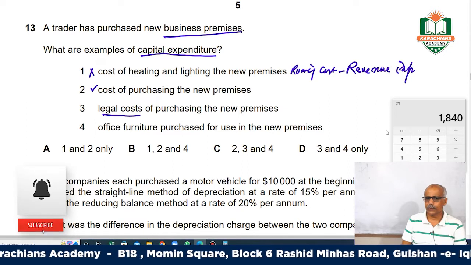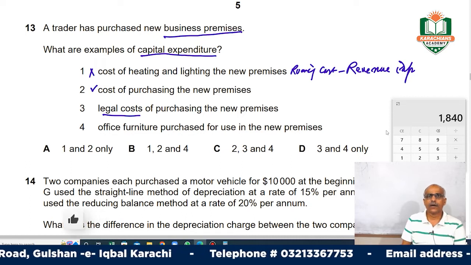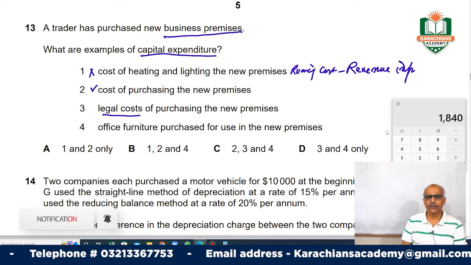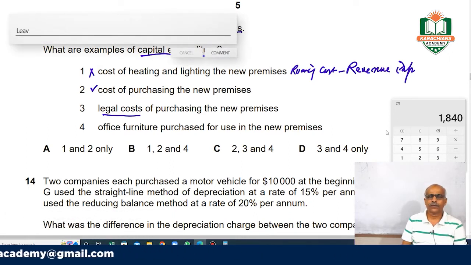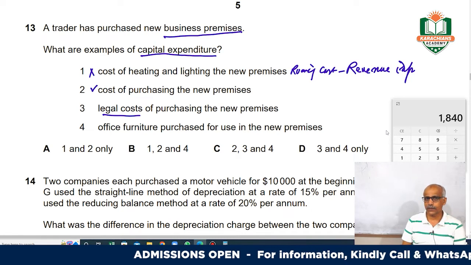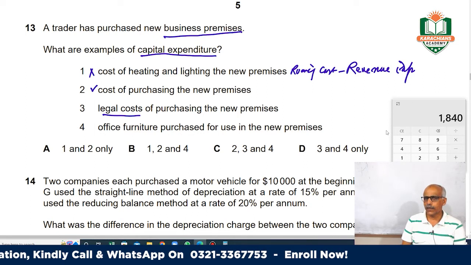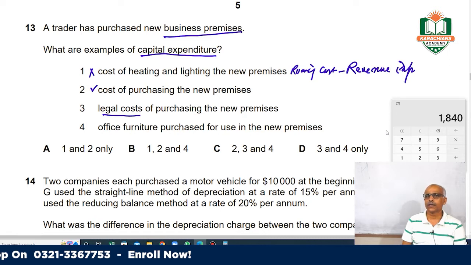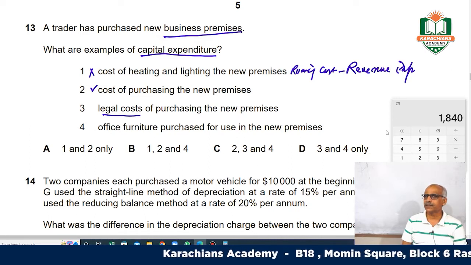Legal cost of purchasing: when you buy equipment or any non-current asset, any legal cost paid on it, until the time that non-current or fixed asset, whether building or plant and machinery, comes into successful operation and a commercial production status, all expenses incurred are treated as capital expenditure.